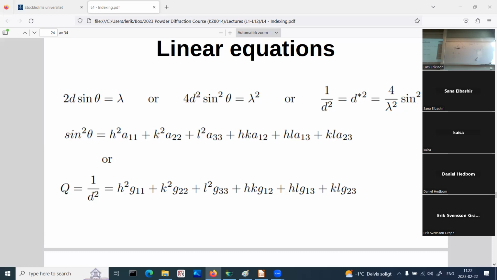So if you record the scattering angle and want to calculate D star, you need to know the wavelength of the radiation. Otherwise, this is usually known. If the wavelength is not known, and you know the scattering angles of the diffraction data, and you know what sample you have, then you know the D star also, and you can calibrate the wavelength.